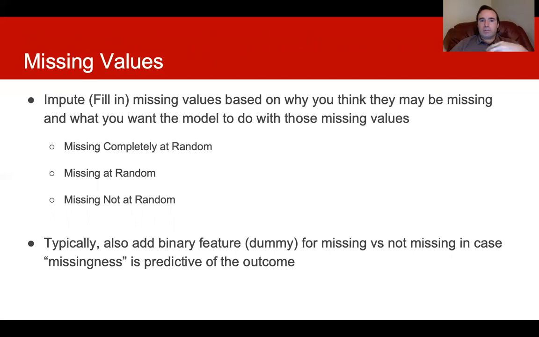So, here we're talking about imputation and trying to deal with missingness in your data, but missingness in the data might be completely at random. Might be not random at all. And you might want to handle those types of missingness differently. Sometimes missingness might be meaningful in its own right. And sometimes it might just be that something wasn't measured.